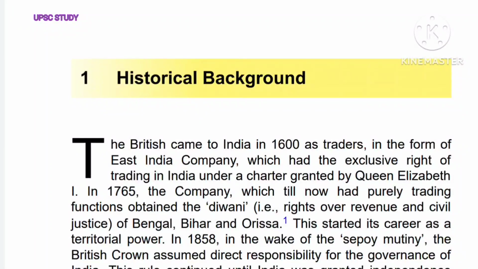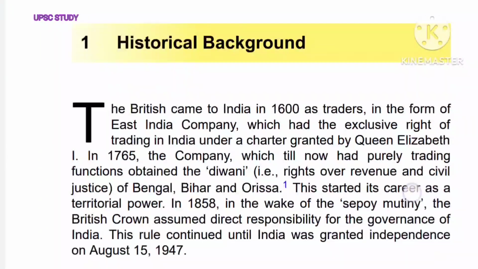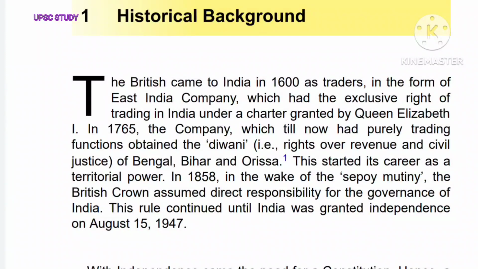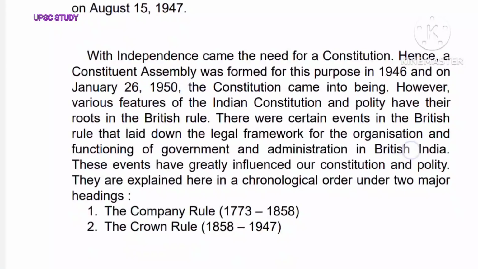In 1858, in the wake of the Sepoy Mutiny, the British Crown assumed direct responsibility for the governance of India. This rule continued until India was granted independence on August 15, 1947. With independence came the need for a constitution.